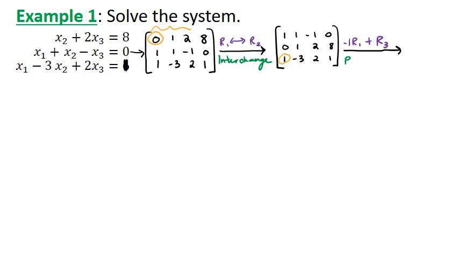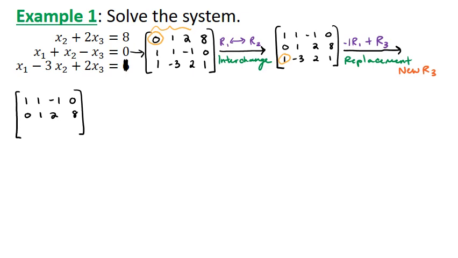This is referred to as replacement. And this operation that I'm going to do is going to become the new row 3. So when I rewrite this matrix, the first two rows stay the same, but the third row is going to be replaced with something different.